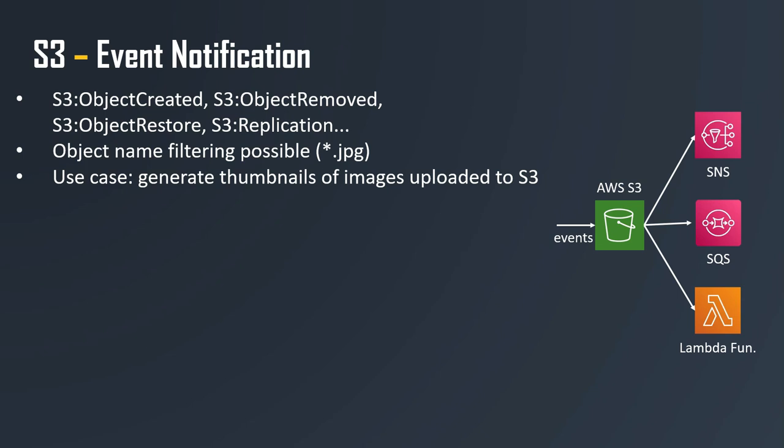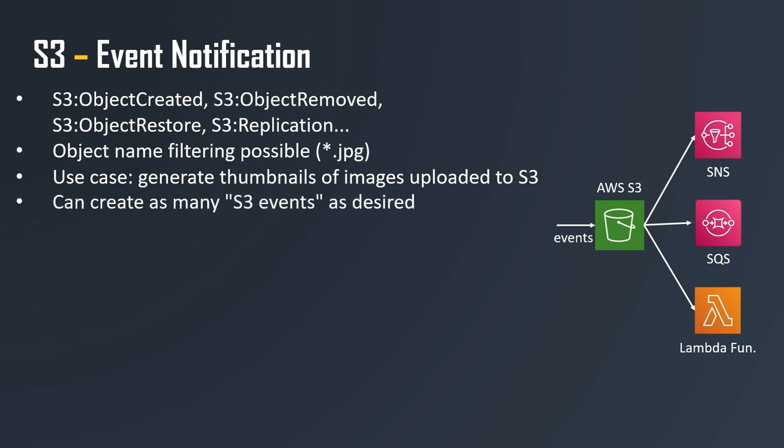And finally, Lambda function to run some custom code. Now, we will see all these services, SNS, SQS and Lambda, in detail in this series, but for now just remember that you have these three targets for Amazon S3 event notifications, and that will make a lot of sense by the end of this course.